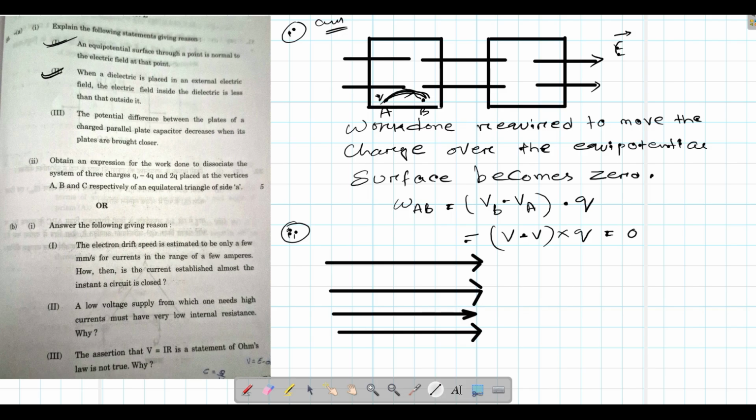This is the external electric field, and the dielectric is placed within it.